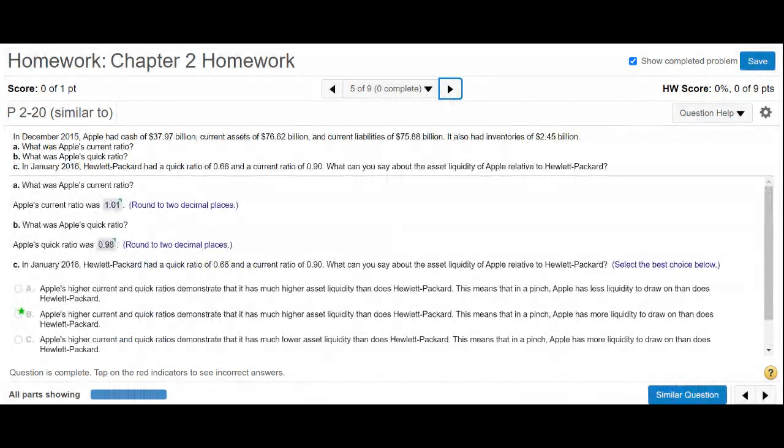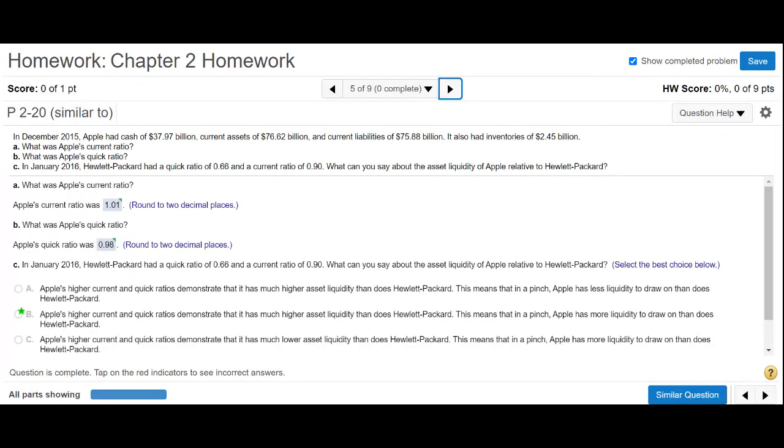Okay, so Apple's current ratio. Does anybody have the book or the formula sheet in front of them? Yes, Professor. Okay. So how do you calculate the current ratio?